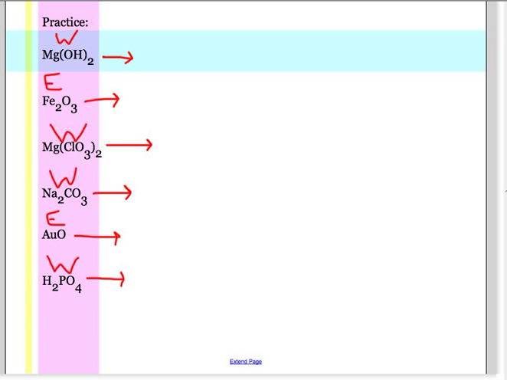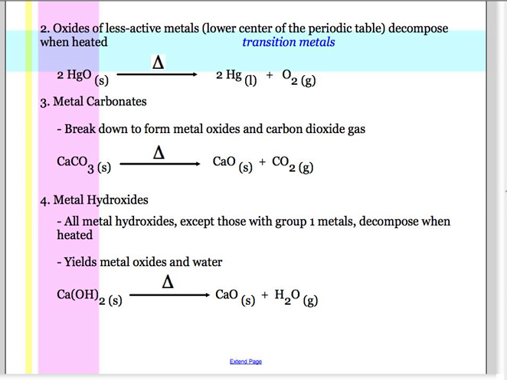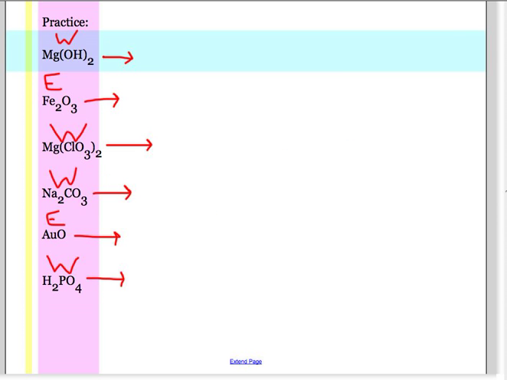Okay, so this is magnesium hydroxide. Magnesium is a metal, so you have to go back in your notes and say, what happens to a metal hydroxide? Oh, here, metal hydroxides. They decompose when they're heated, and they give us metal oxides and water. So you're going to get your metal, which is magnesium, hanging out with oxygen, and we're going to get water, which we all know is H2O.